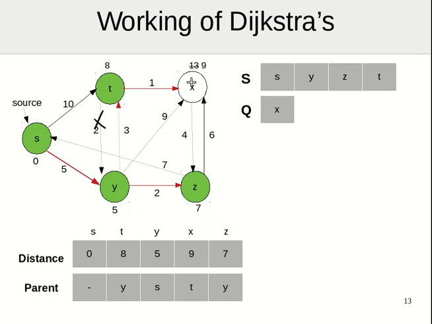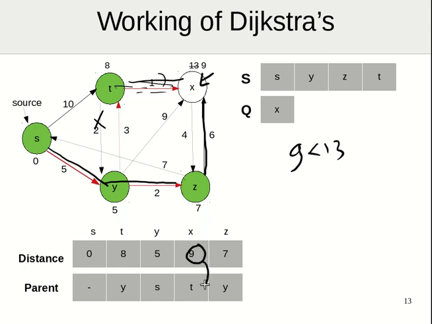And from t to x, previously the shortest path to x from source was 13, so it was 5 plus 2 is 7, 7 plus 6 is 13, but if I go via t, 8 plus 1, it becomes 9, so 9 is less than 13, right? So I'll have to update. To go to x, the shortest path is 9 via t.